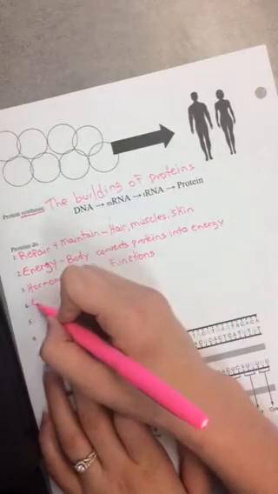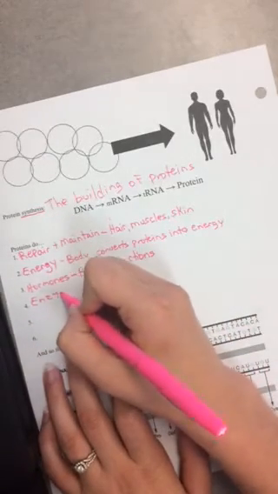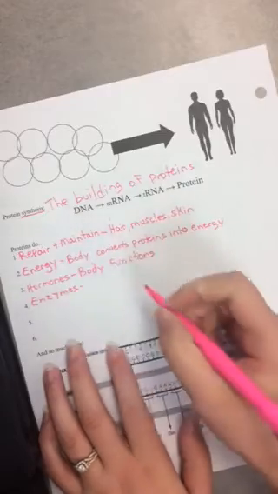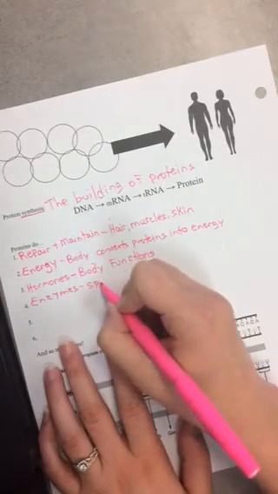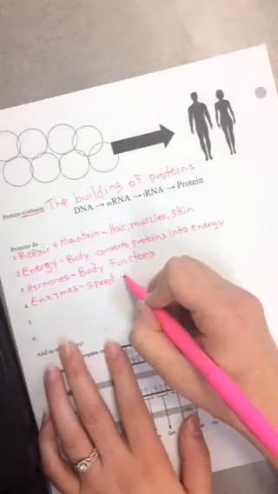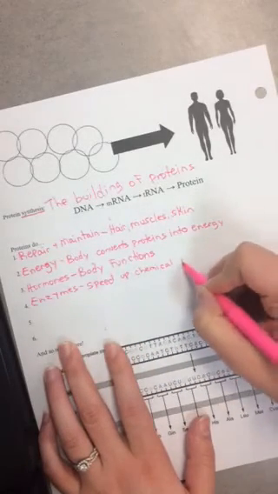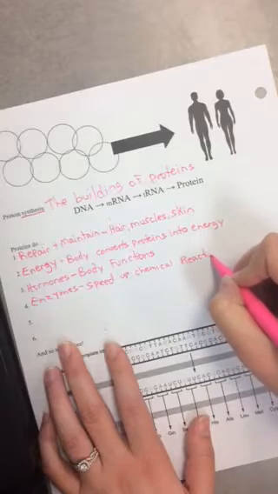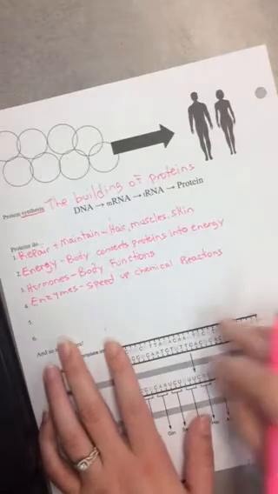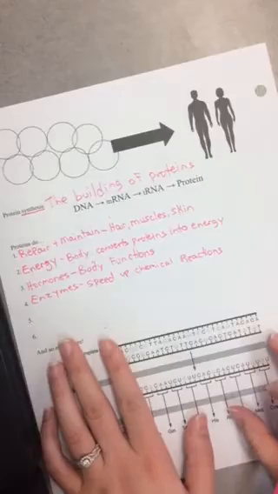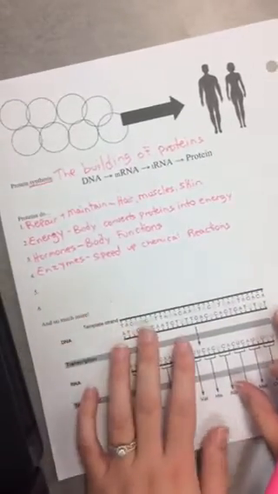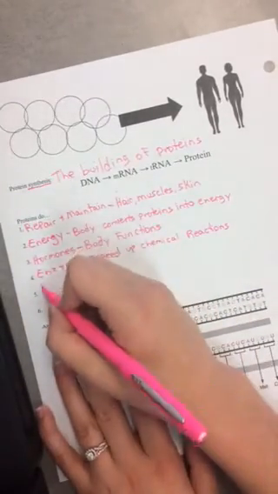Another big one that we should be familiar with is enzymes. Enzymes speed up chemical reactions. Super duper important in our bodies. All over the place, enzymes are used. The fifth one is transportation.